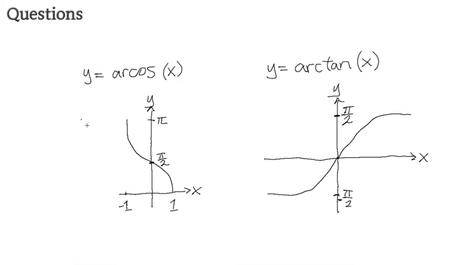For the arc cos, the domain is always between 1 and minus 1, as we expect, because that's the range of cosine.